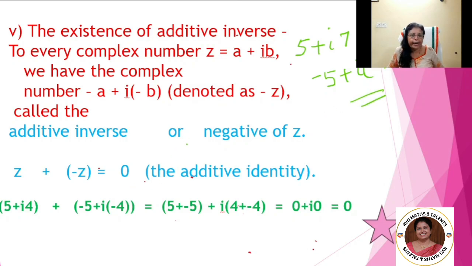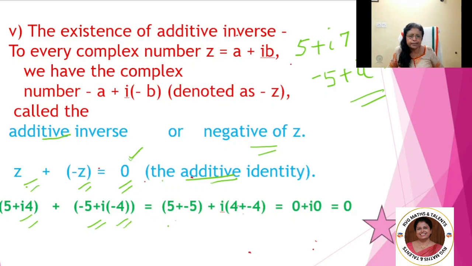If you add this additive inverse, the negative of that number, to the same number, that means z plus negative z, it is 0. If you add z and its additive inverse, you will get the additive identity. See this example: 5 plus i4 and add its negative, negative 5 plus i negative 4.